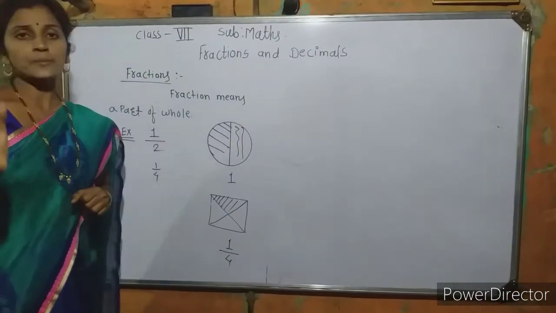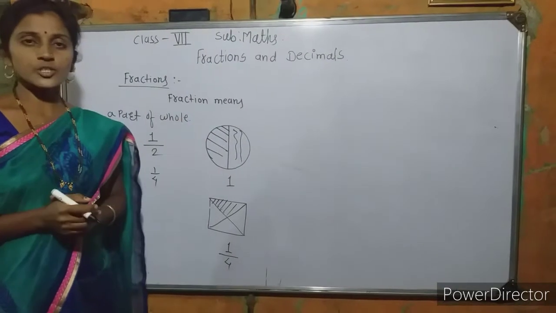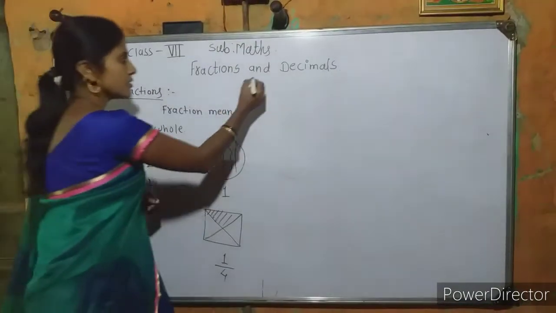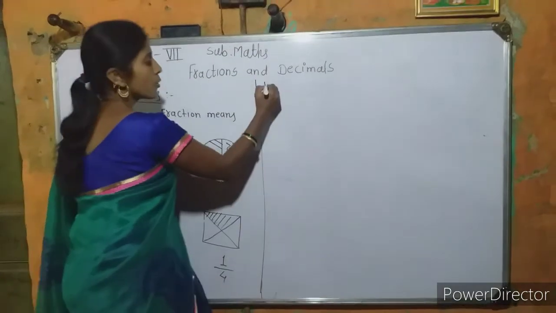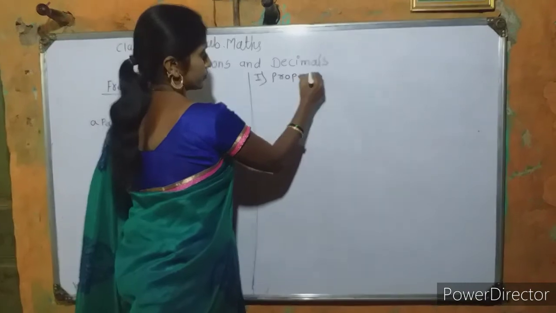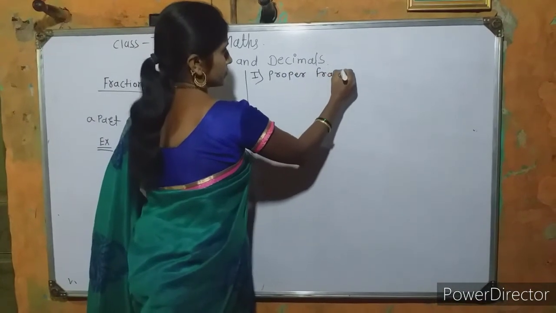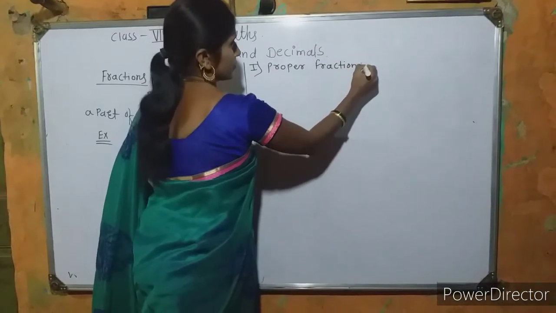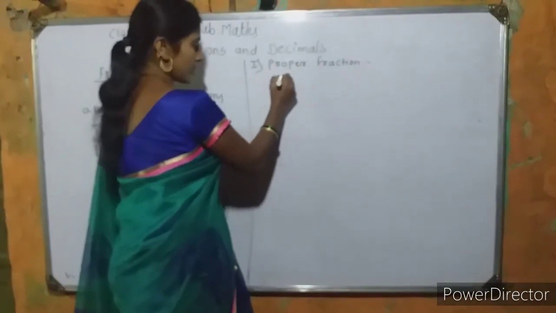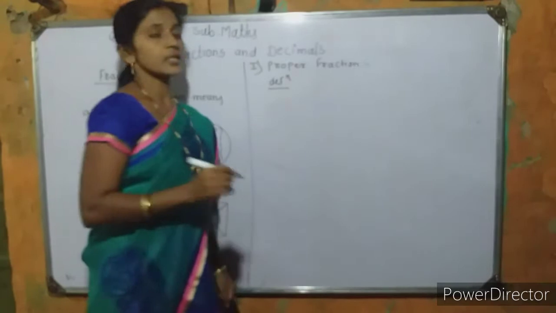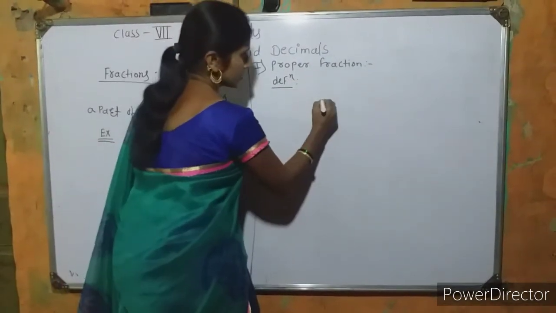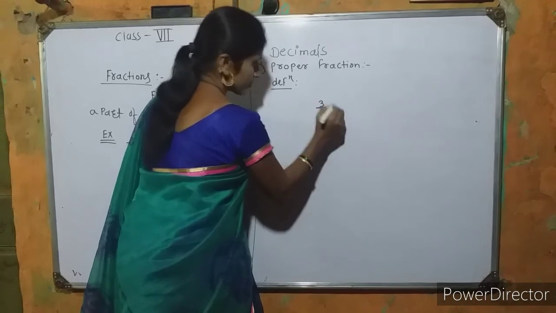There are three types of fraction: proper fraction, improper fraction, and mixed fraction. See here, the first one is a proper fraction. The definition of proper fraction is the numerator is less than the denominator. Take 3 by 7.